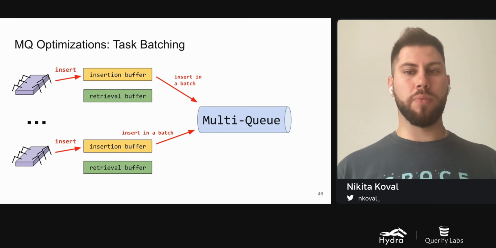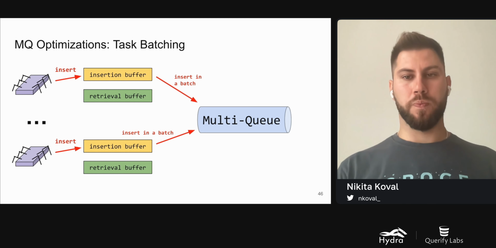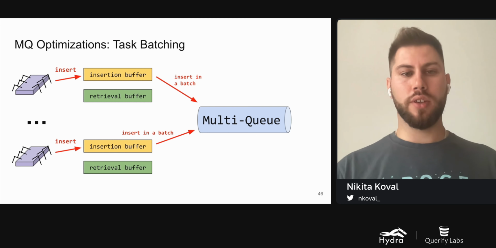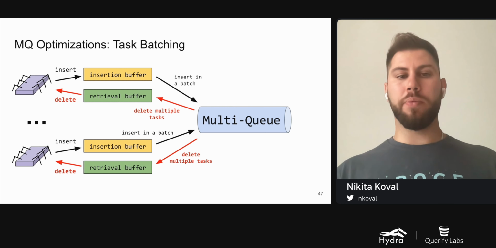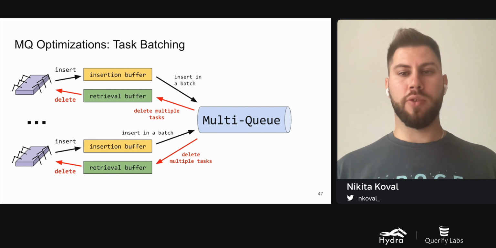we insert it into the multi-queue in a single batch. So we don't go to the multi-queue every time, but instead we insert elements in a batch. It's more efficient because we don't need to acquire locks each time, we don't need to synchronize between threads, and so on. And when we retrieve elements, we delete multiple tasks from the multi-queue, storing them in the retrieval buffer.